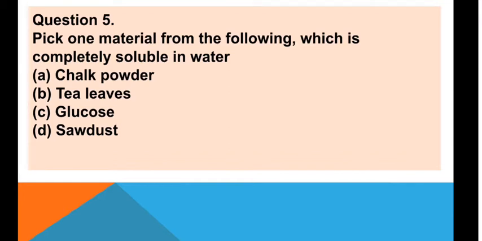So as we know, glucose is completely soluble in water because its particles are so small and spread uniformly in water that we cannot see them. But chalk powder, tea leaves and sawdust are insoluble in water and they settle down at the bottom of the container. So the correct answer will be option C, glucose, because glucose is soluble in nature.